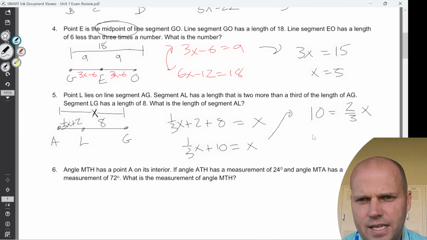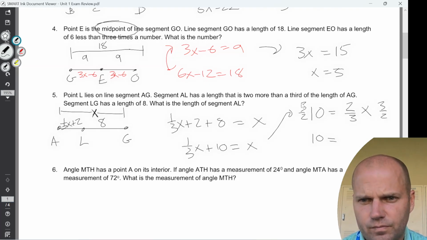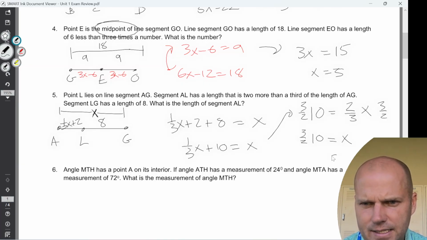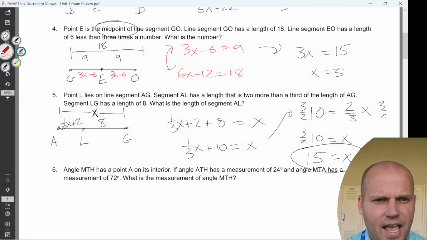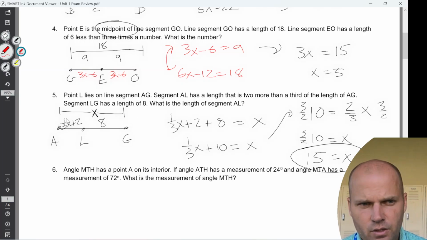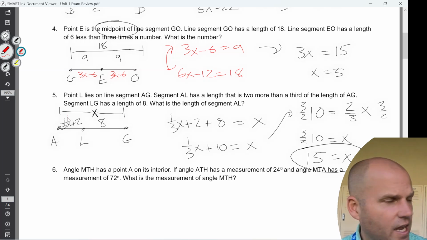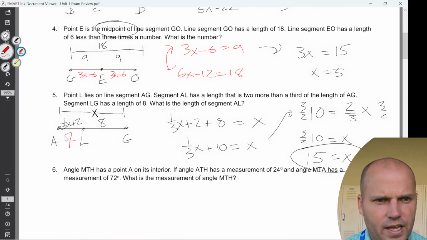I will then take 10 and multiply by 3/2 to solve for x. And I get 30/2, which is 15. And 15 is AG. That means AL is 1/3 of 15, which is 15 divided by 3, which is 5. 5 plus 2 is 7. So AL is 7.